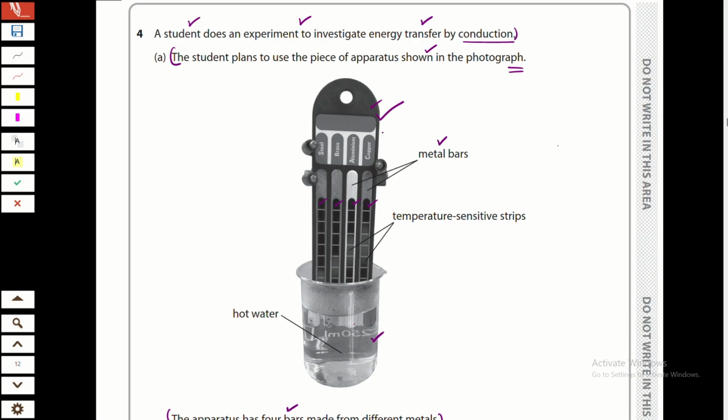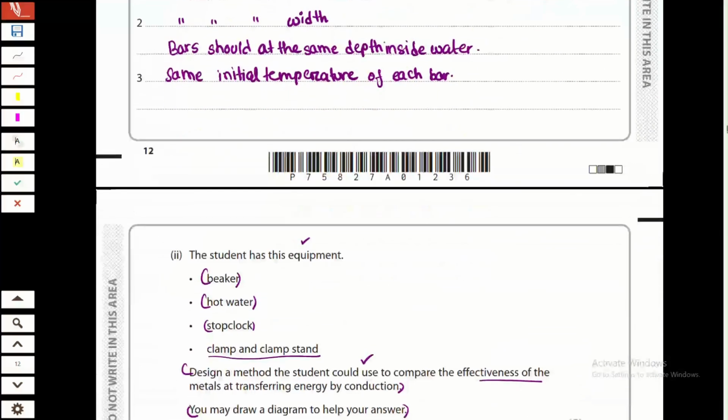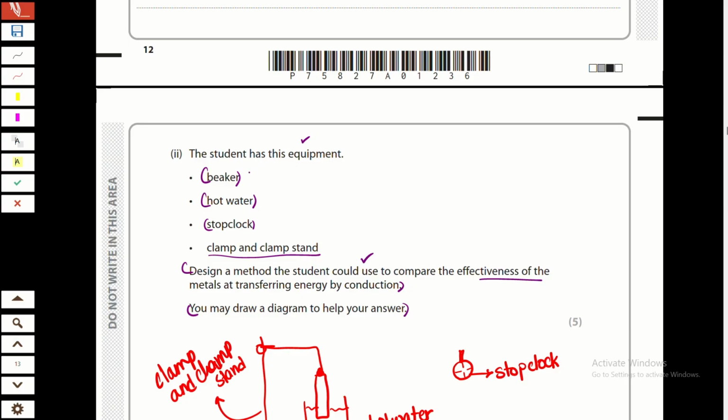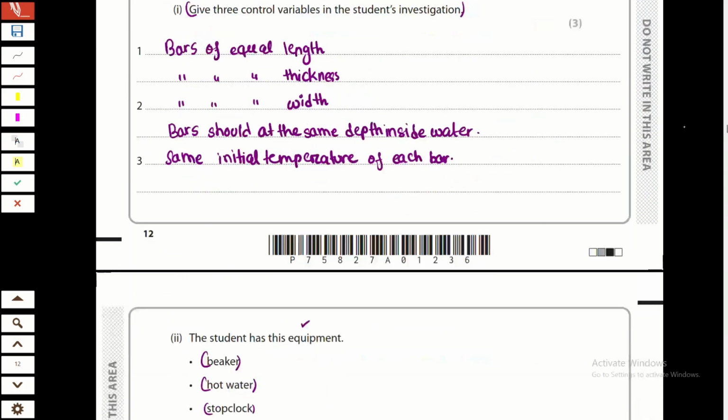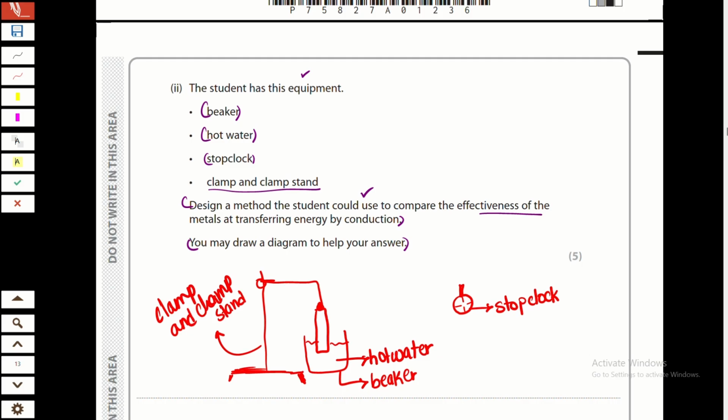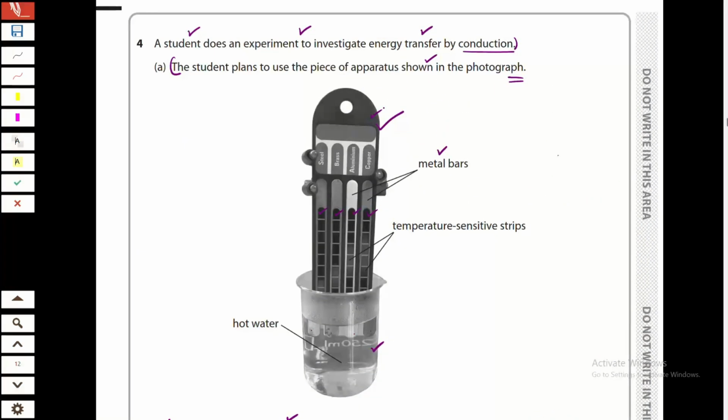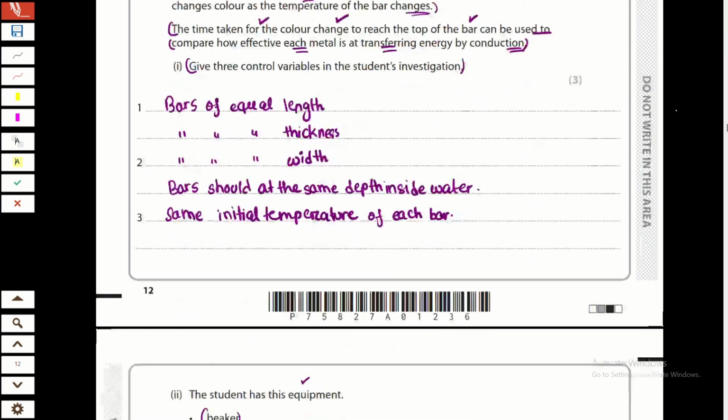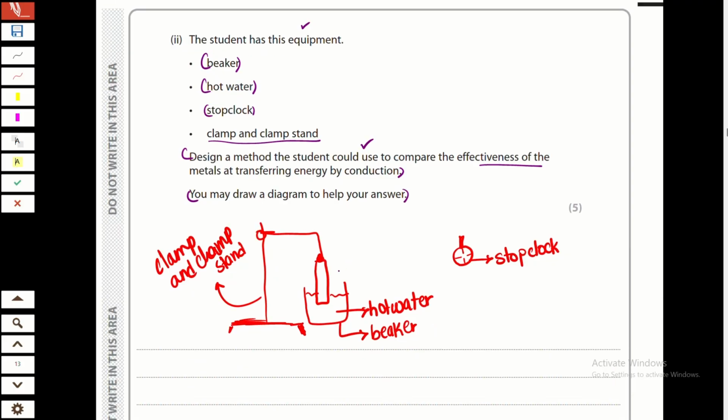I'm talking about this one. We'll be using this one. The student will be using this particular apparatus. So one of the equipments is this one. Then we will have a beaker. So we'll have to immerse the apparatus into the beaker. The beaker will obviously contain hot water, and this apparatus would be attached with a clamp and a clamp stand.